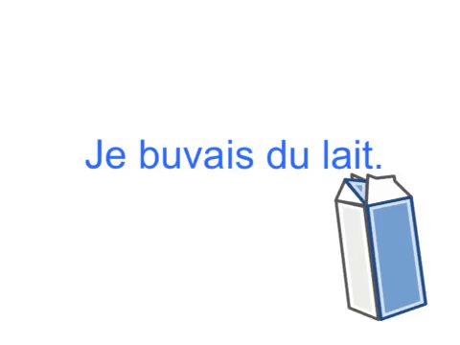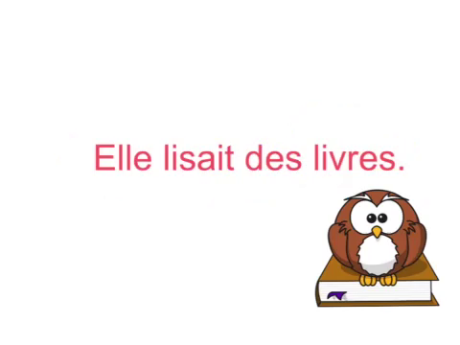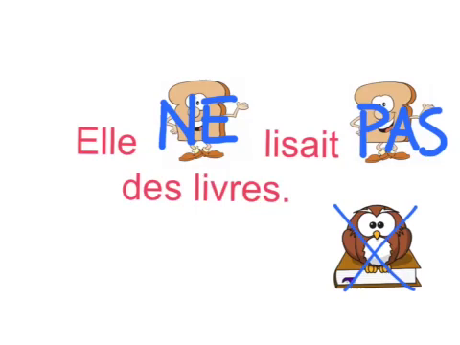And to negate this, we put ne and pas around buvais to get Je ne buvais pas du lait. And elle lisait des livres. But if she didn't read, then it would be elle ne lisait pas des livres.